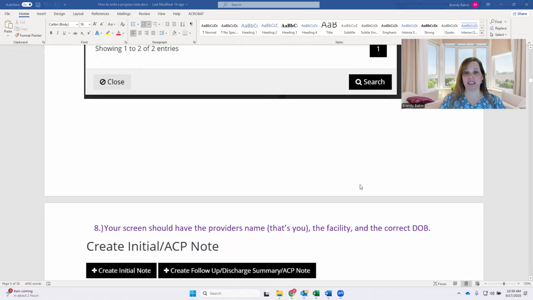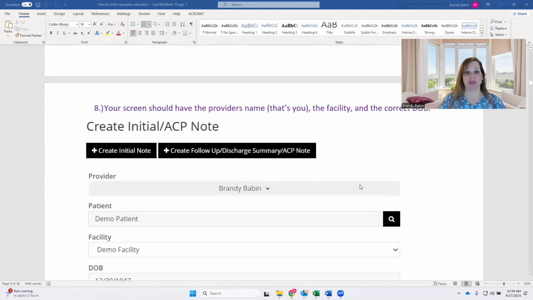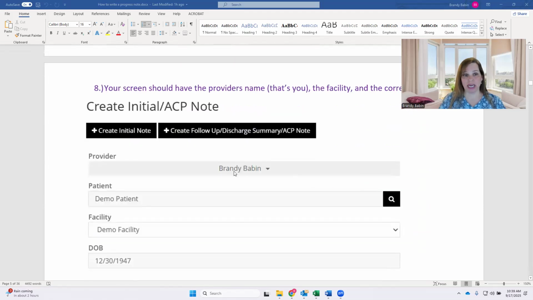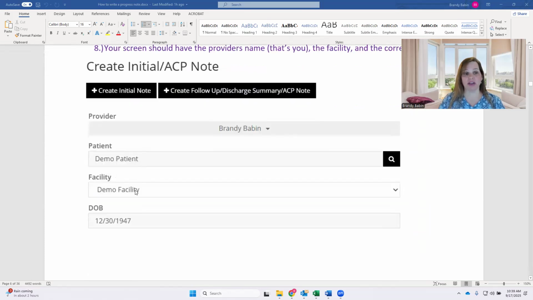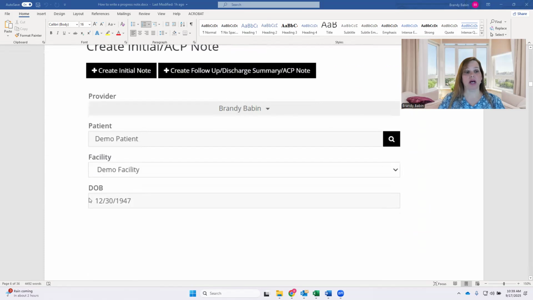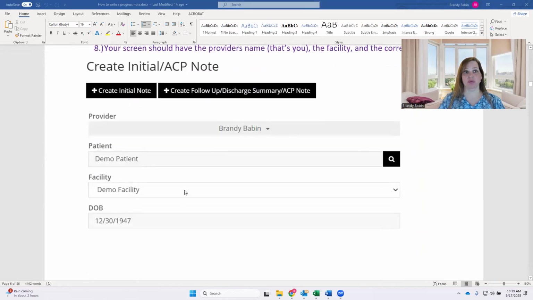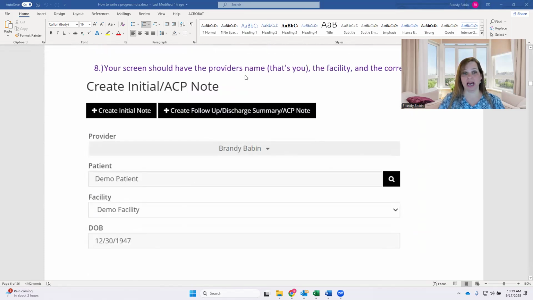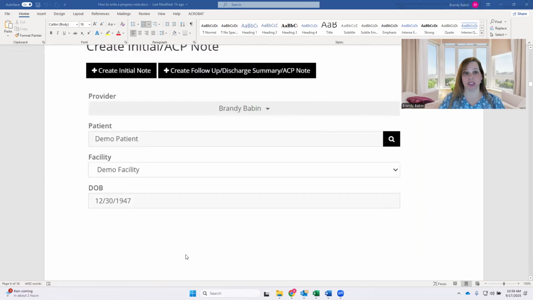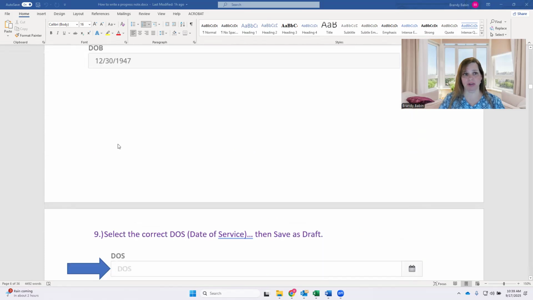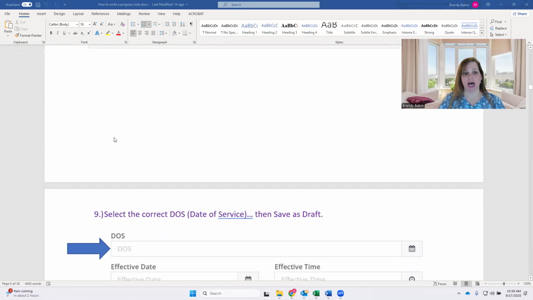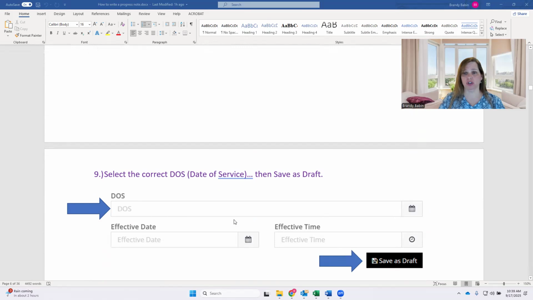When you click the select button, now it's got your name on it. It's got the patient's name on it. It's got the facility as well as their date of birth. That's what you want to have happen once you select the correct patient. At the bottom of this right here will be the date of service.